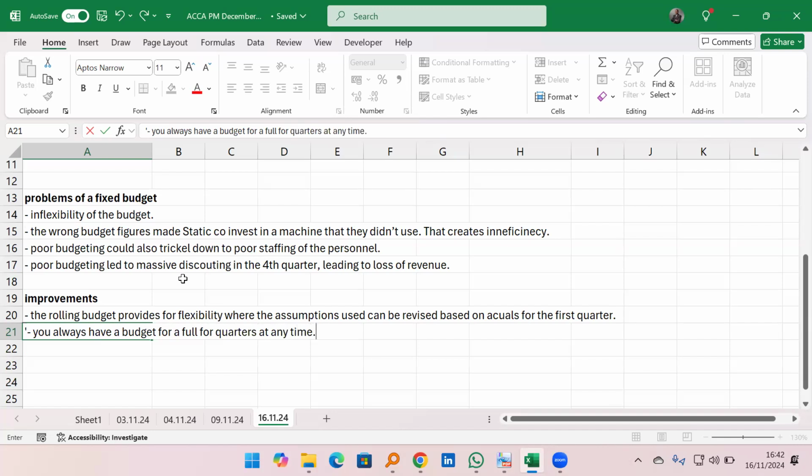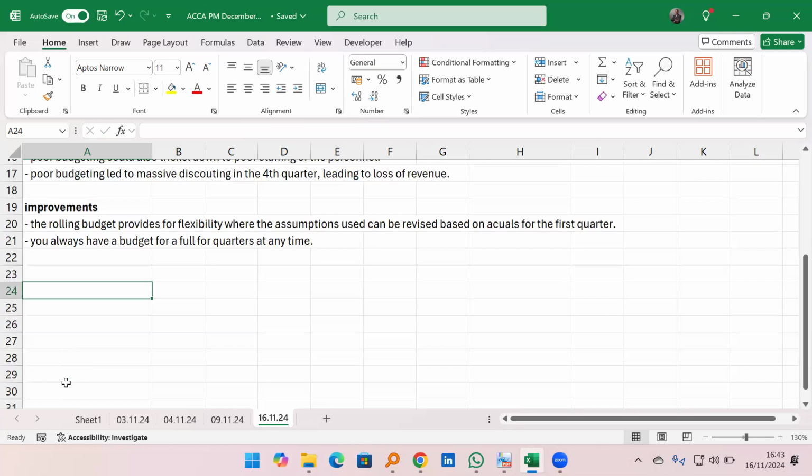That's an advantage, because with the normal budget, when you start your year, at the end of the first quarter you now have 3 quarters to consider, then at the end of another you keep on reducing, so by the time you reach the fourth quarter, you don't have the budget for next year. But with the rolling budget, you always have a budget for the next 4 quarters, which is also important because it helps you to plan very well. So that is what you can put there.